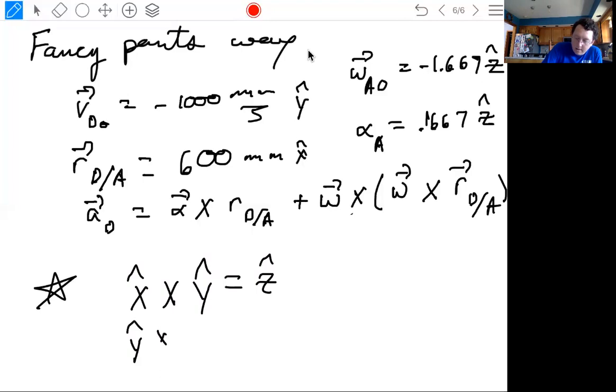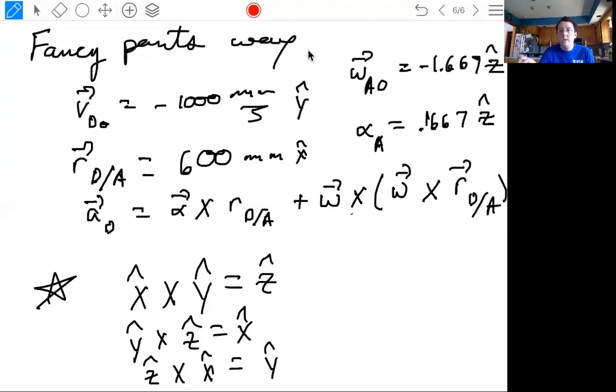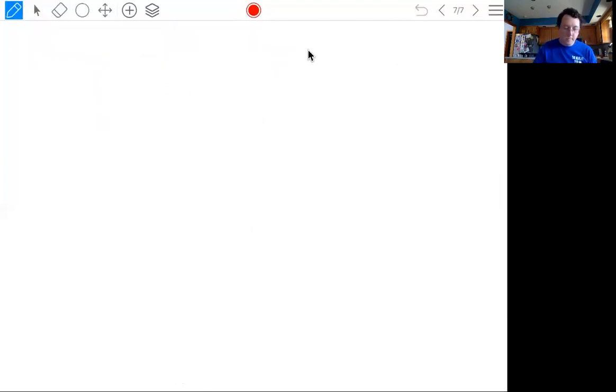Y hat cross z hat equals x hat. And z hat cross x hat equals y hat. If you switch them, you get a minus sign, because cross products are antisymmetric.